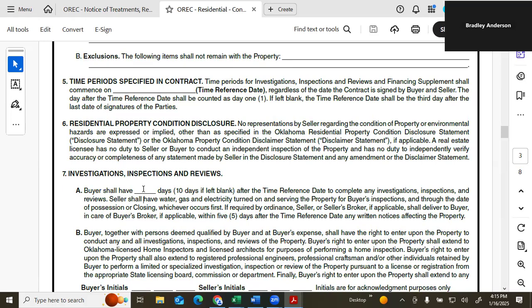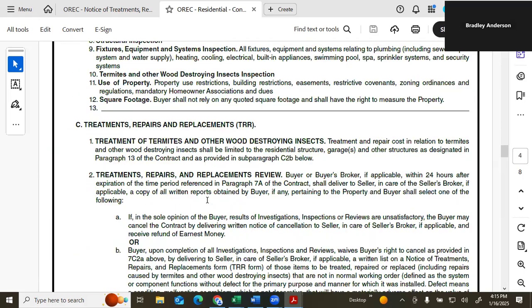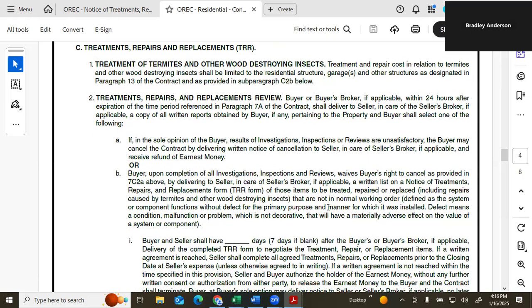So you've put in X amount of days to complete an inspection. All right. So it says within 24 hours after that, shall deliver to the seller in care of the seller's broker, if applicable, a copy of all written reports obtained by the buyer. So that's the inspection report pertaining to the property, and buyer shall select one of the following.